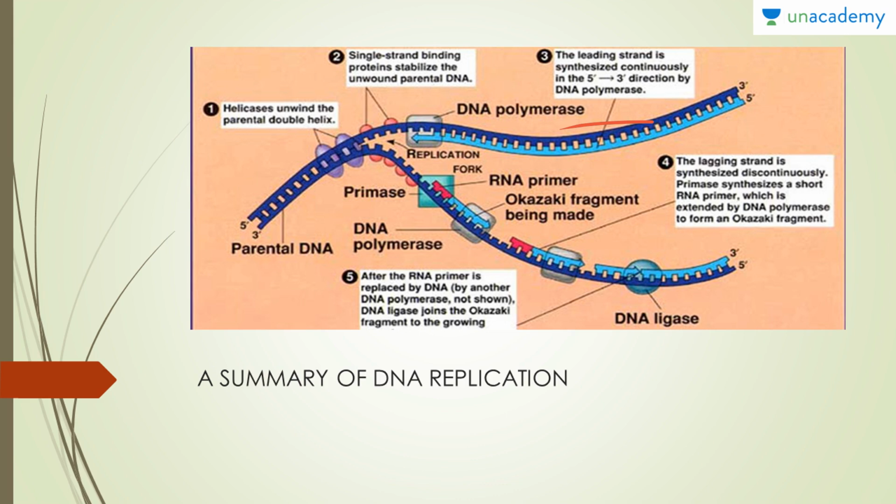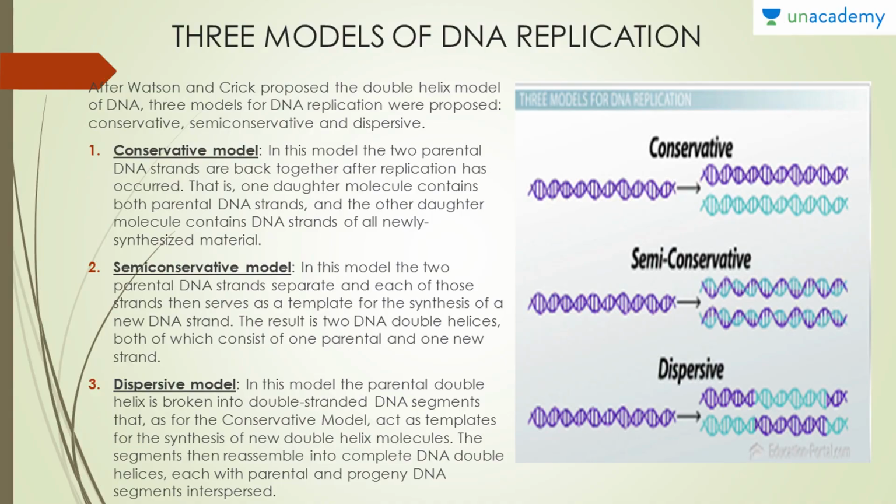Primase synthesizes a short RNA primer, which is extended by DNA polymerase to form an Okazaki fragment. After the RNA primer is replaced by DNA, it falls off and DNA ligase joins the Okazaki fragments to the growing strand. Hence, the two newly synthesized strands form. So after completing DNA replication, you have an idea how DNA replicates.